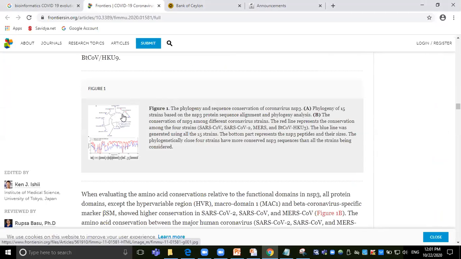Some people say this coronavirus is different from the one that appeared a year ago. It's mainly because different strains appear. A strain means the genomic sequence has changed at several places and a new kind of virus appears.